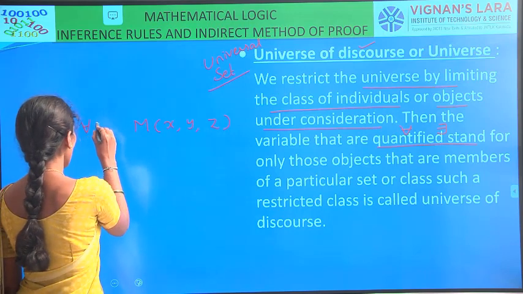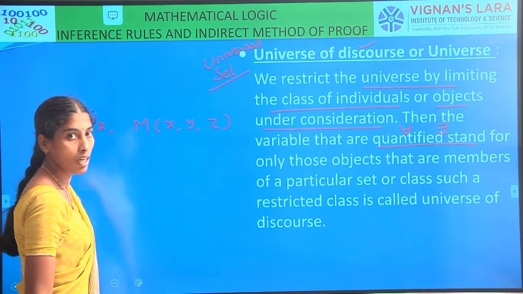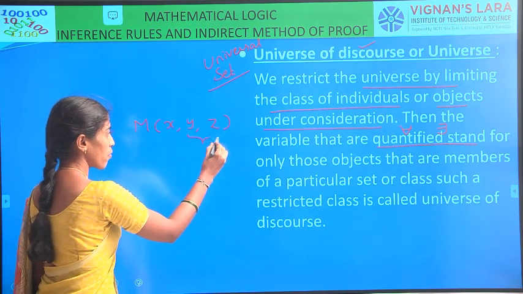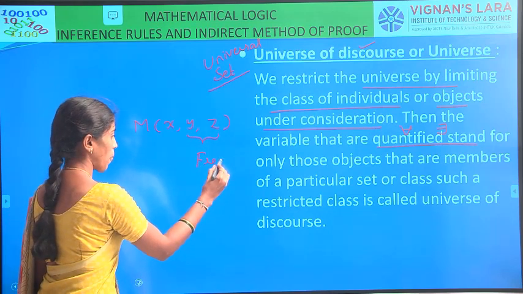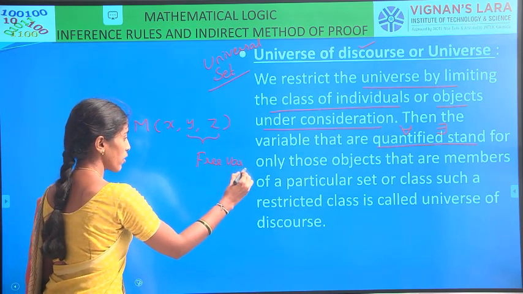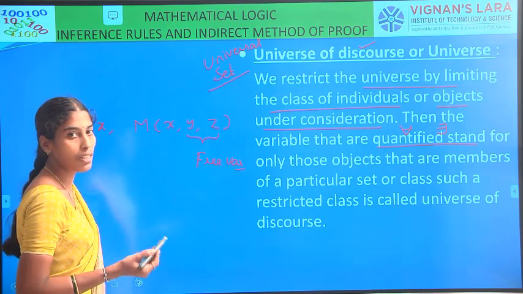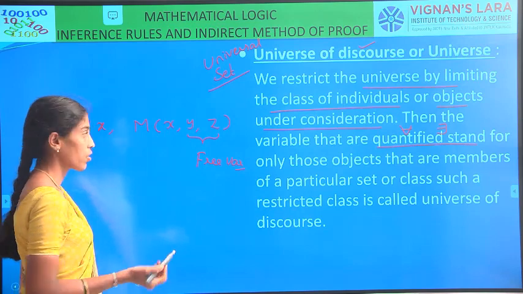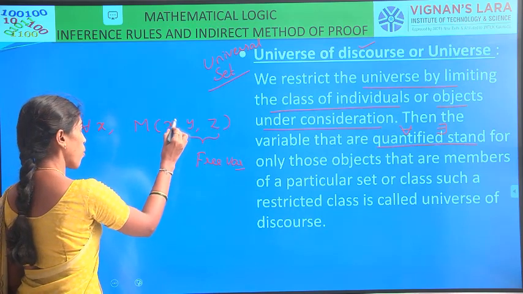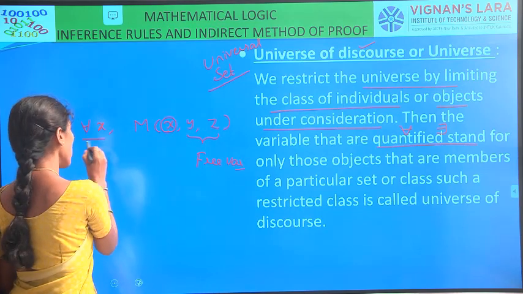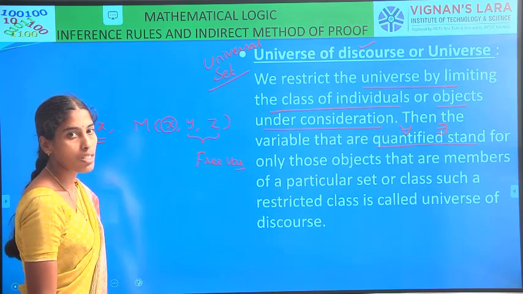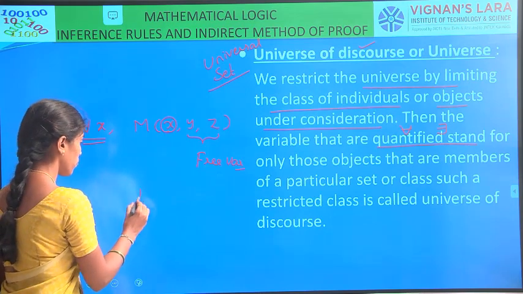So if I write for every x, here the free variables are y and z. Why are we saying free variables? For these two variables y, z, there is no quantifier. But x is a bound variable, which is bounded by the universal quantifier.